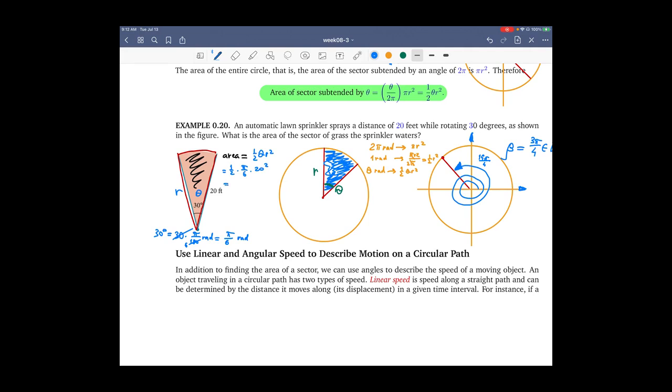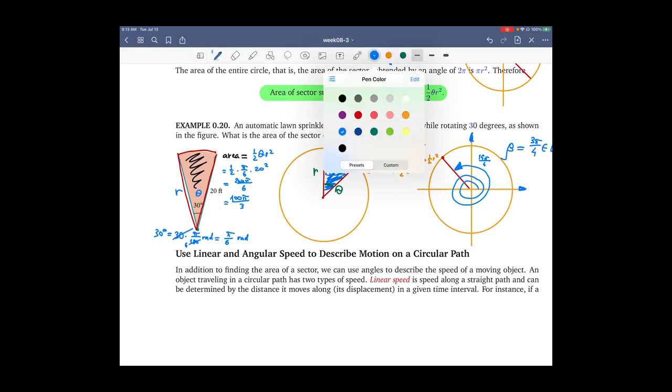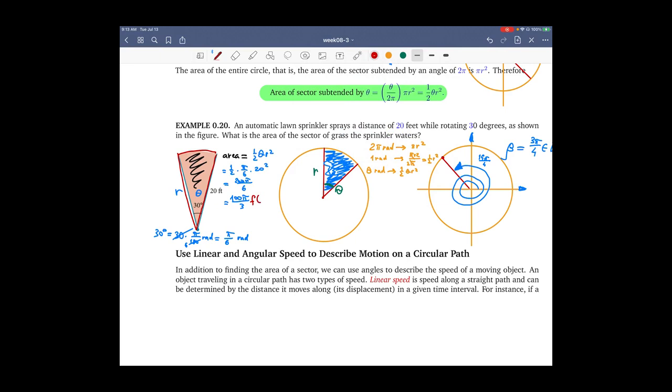So what is this? 20 squared is 400 over 2, that's 200. And we can divide by 2 more. 100 and pi over 3, and never forget the units. We are computing the area. Distances are measured in feet. So the area is measured in square feet.